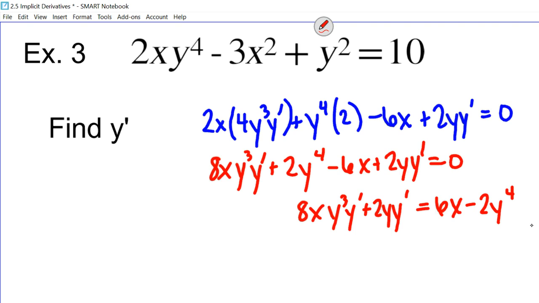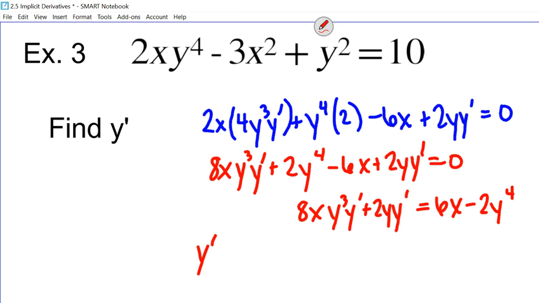Okay, and again, we haven't done some of this where we had to get y prime. We had 2 y prime. So all we did is move everything other than the terms that had y prime. Now, if you look back to the steps above, what would you have to do at this step? The whole goal is to get y prime equals. Factor out the y prime.